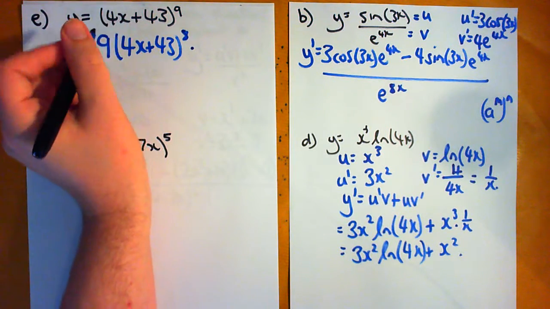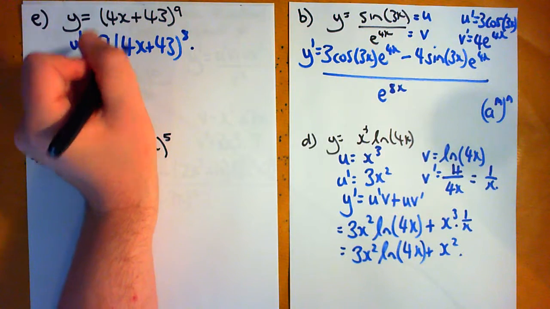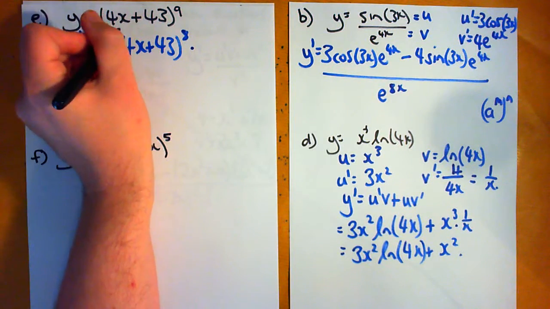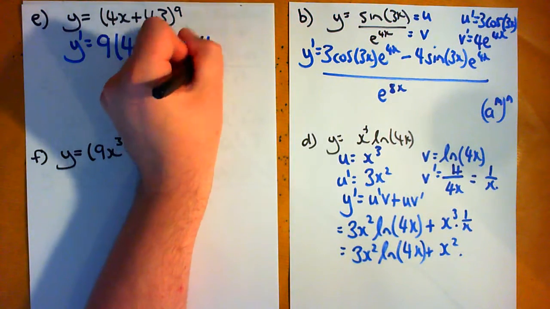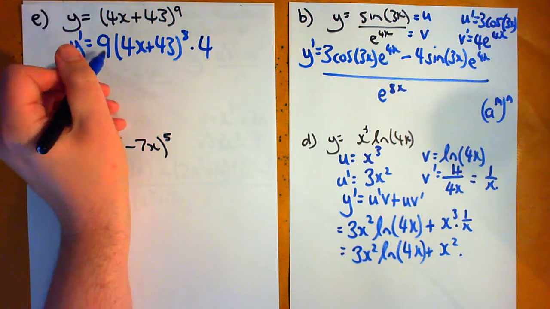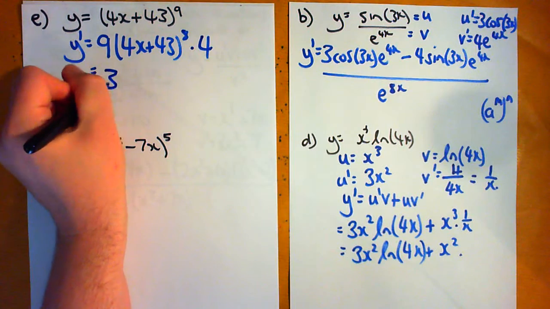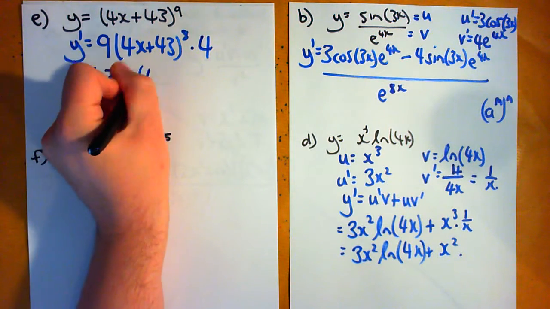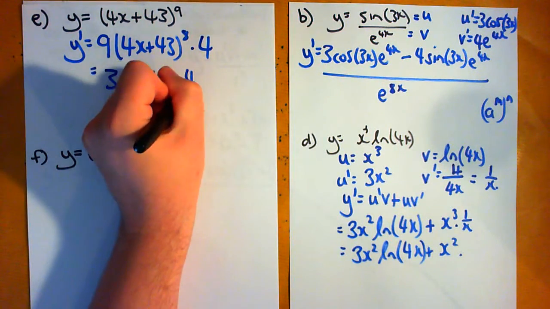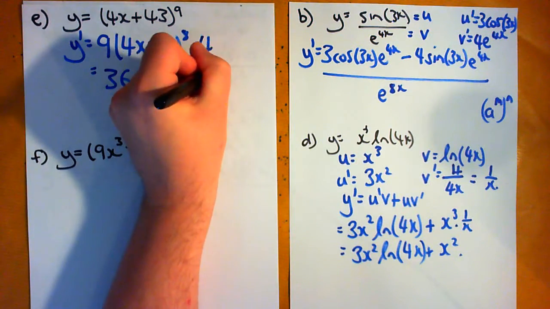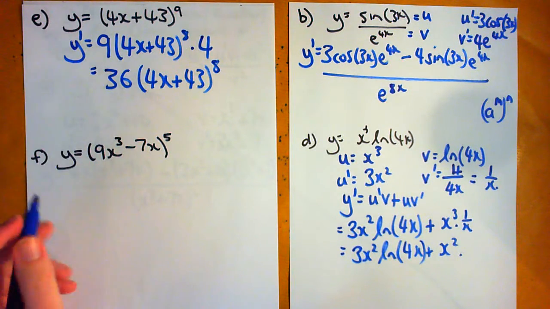Then we multiply by the derivative of the inside of the bracket, so differentiate the 4x plus 43, we get 4. And we can now multiply the 9 and the 4 together. That gives us 36 times (4x plus 43), that bracket to the power of 8.